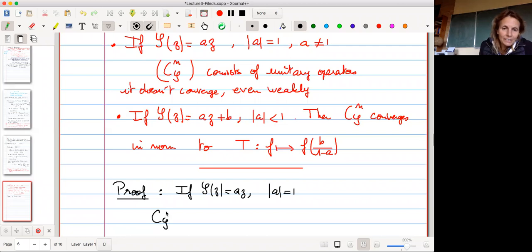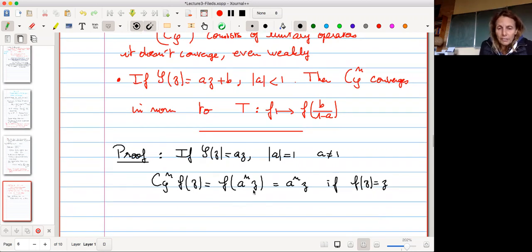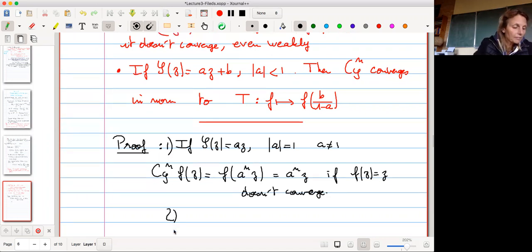So C phi n is just f of a n z, and it's then equal to a n z if, so we avoid the trivial case a equal 1, if you take f of z equal to z. So it doesn't converge even weakly.